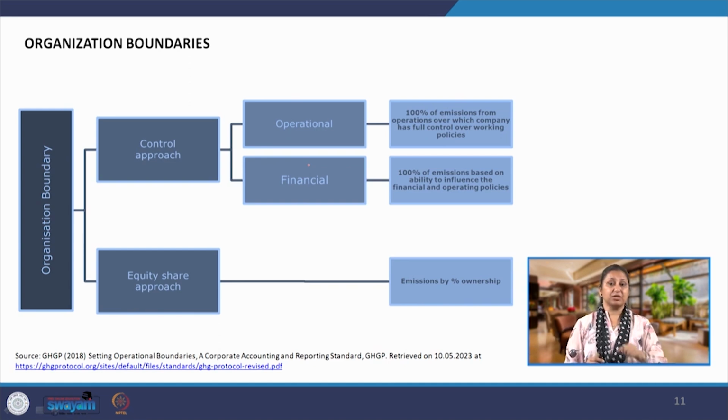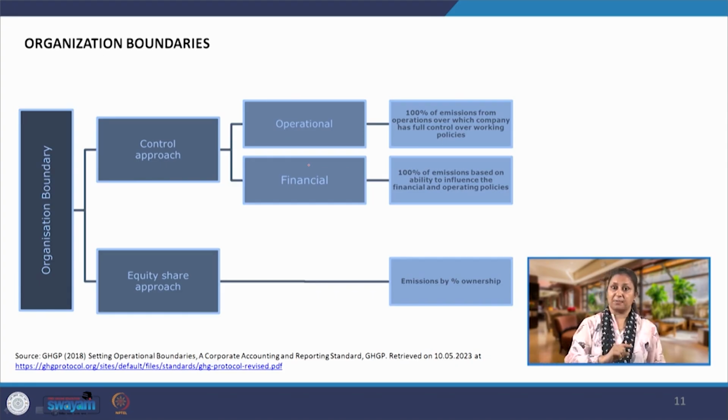But when it comes to financial control, I might have an agreement with the company saying for the next 3 years, the smaller vendor is going to manufacture this particular part only for my automobile company, and I will be controlling its financial operations, because I have signed this MOU that he can make parts only for my company and no other company for this particular duration. There I have some financial control over the operations of that company.